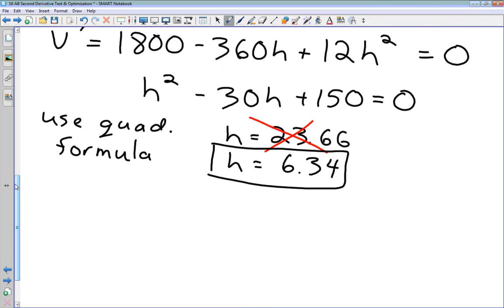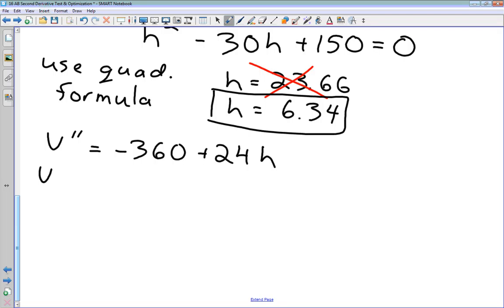We'll use the second derivative test here. So our second derivative is minus 360 plus 24h. So we want to evaluate this at 6.34.